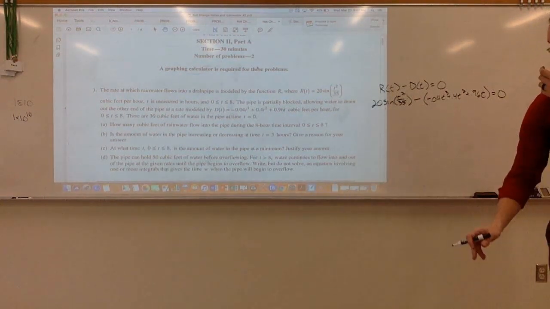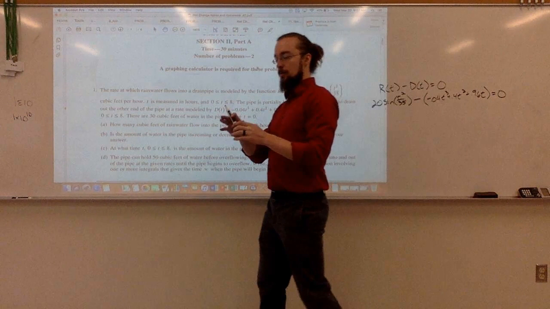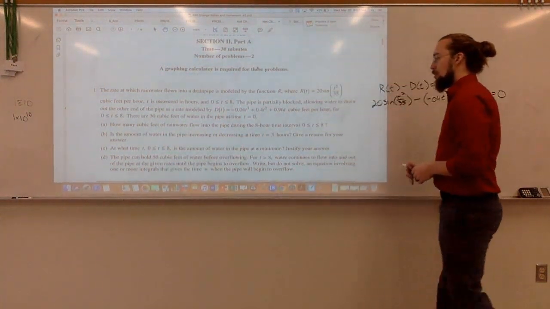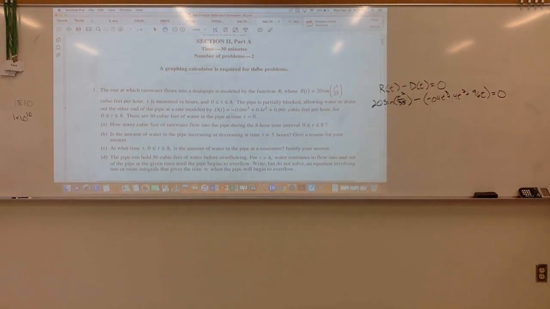Well, so our x values that we care about are 0 to 8. So making your x window 0 to 8 would probably make sense. So where on the interval 0 to 8 does this function R of t minus D of t equal 0?